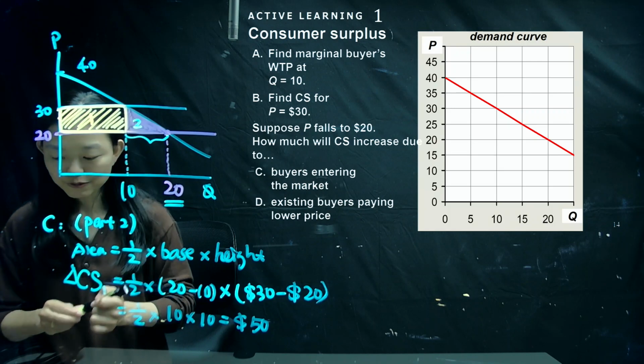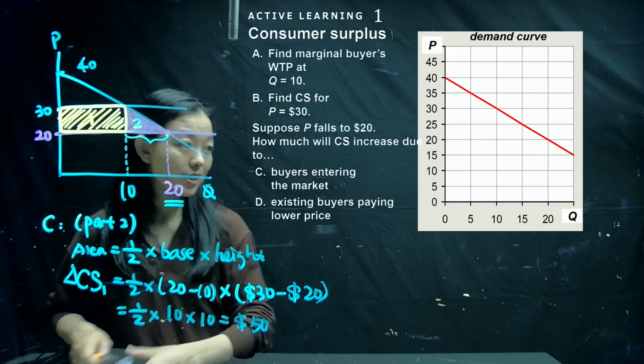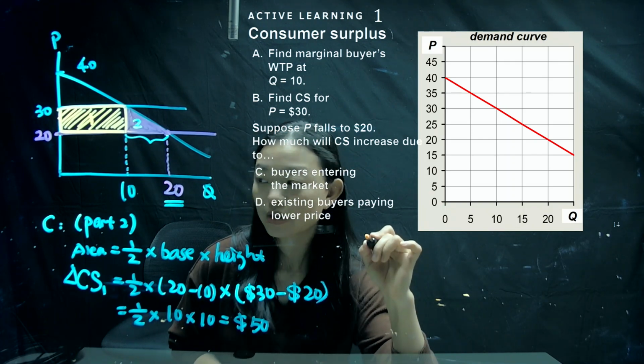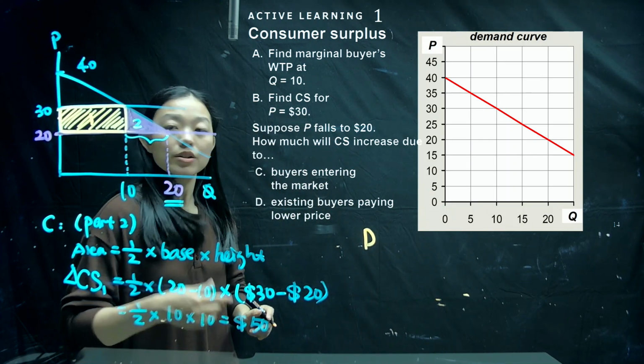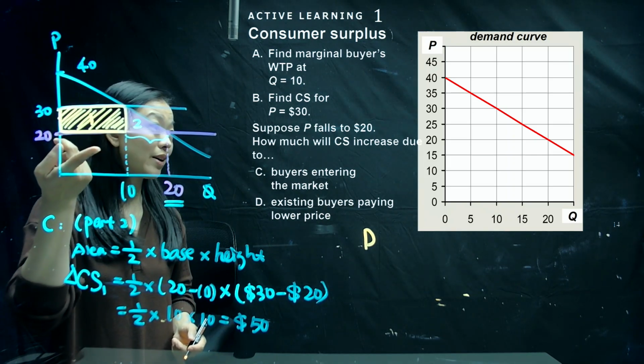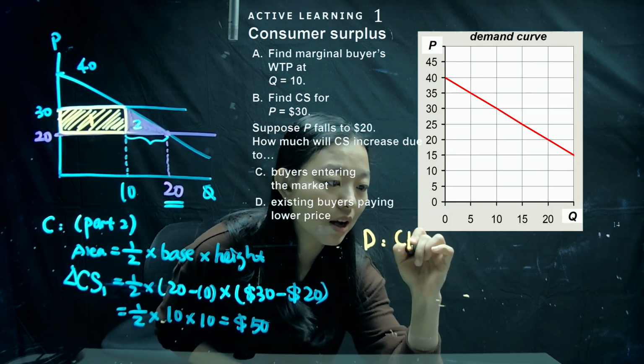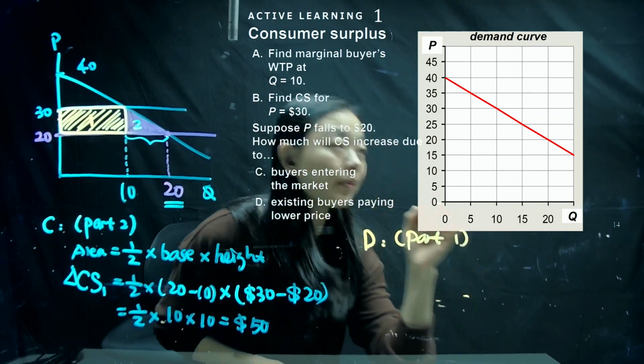Okay, and then for part D, what does part D want? So part D here would like to ask about the existing buyers. For the existing buyers, they now can pay a lower price, right? So actually this is our part 1.